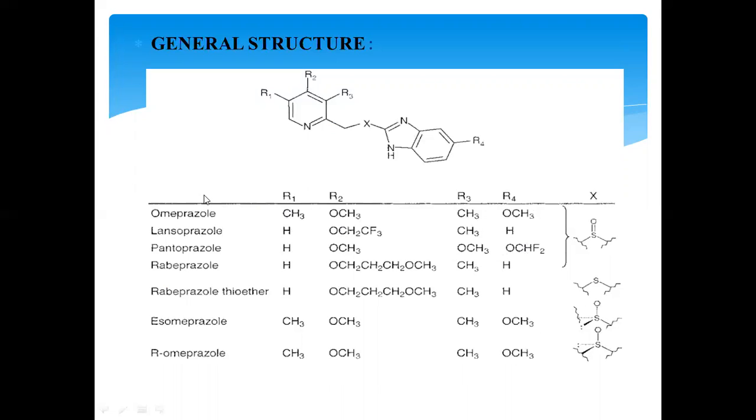Addition of a difluoro group at the 6th position of omeprazole increases the activity. If we add a difluoro group at the 6th position, then it increases the activity of that compound.